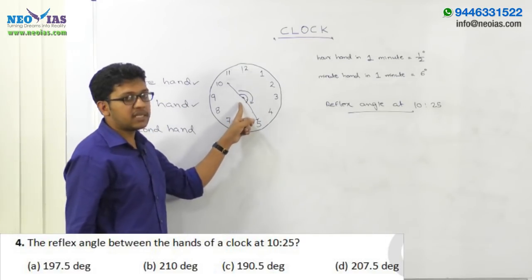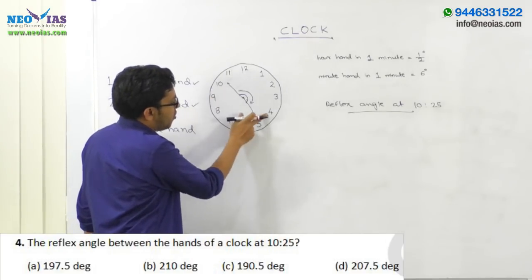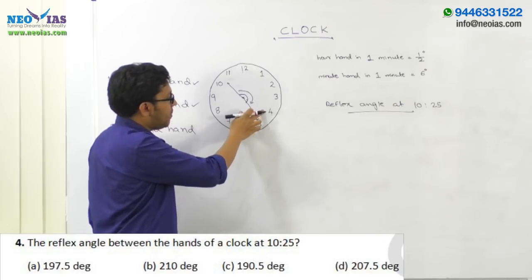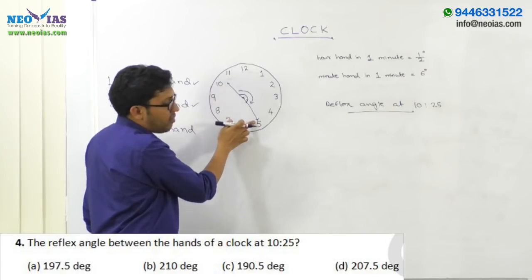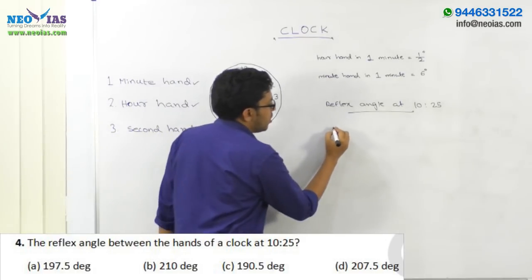Reflex angle will be always greater than 180 degree. And what is the angle between 10 and 4? The angle between 10 and 4 is 180 degree, and the angle between 10 and 5 will be 180 plus 30 degree, that is 210 degree.